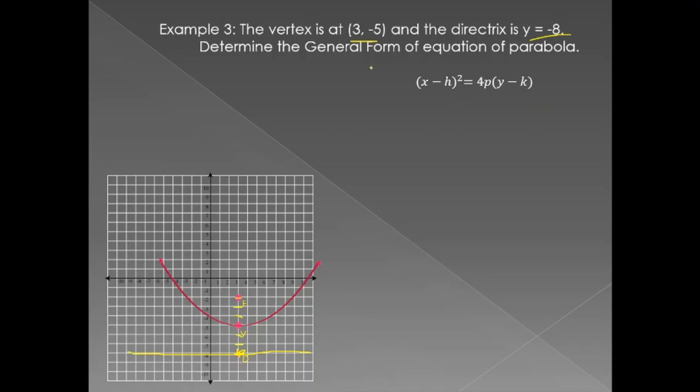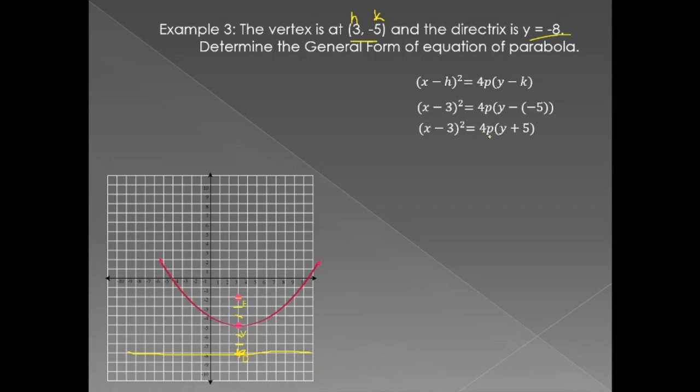And then, para makuha natin sa general form, substitute lang natin yung mga given. We have h and k. So, substitute, magiging x minus 3 squared is equal to 4p times y minus negative 5.